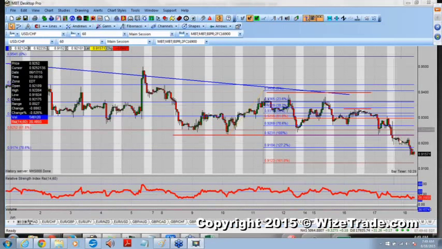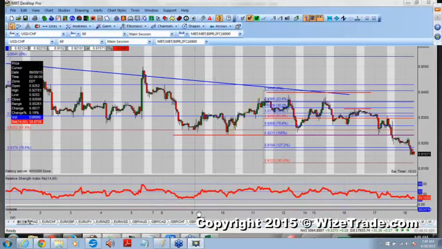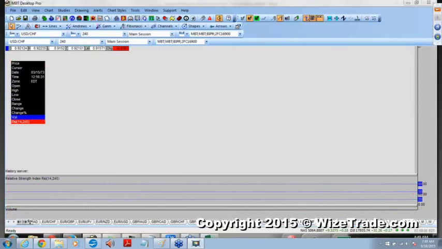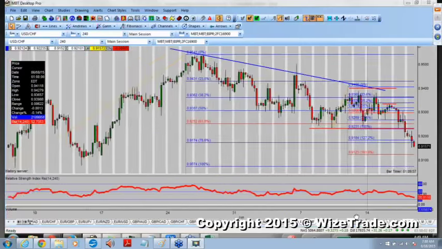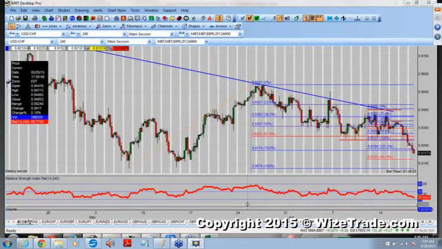Okay, resistance now. Any move back to 92.25 is going to offer resistance. Still a big old fat range too. It's like the euro, it's in a big range, but I don't want to be on the long side of that because of Greece. There's no incentive to be on the long side of that at all.